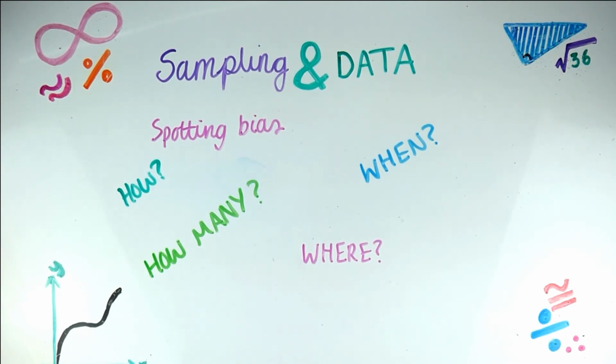You might end up having things like an age bias. If you were going to ask people what type of music they listen to, and you only ask young people, maybe you need to ask the older generations because it doesn't accurately represent the population. But the population doesn't necessarily have to be the UK, the world. You have to specify the population and then sample from that specified population of people.